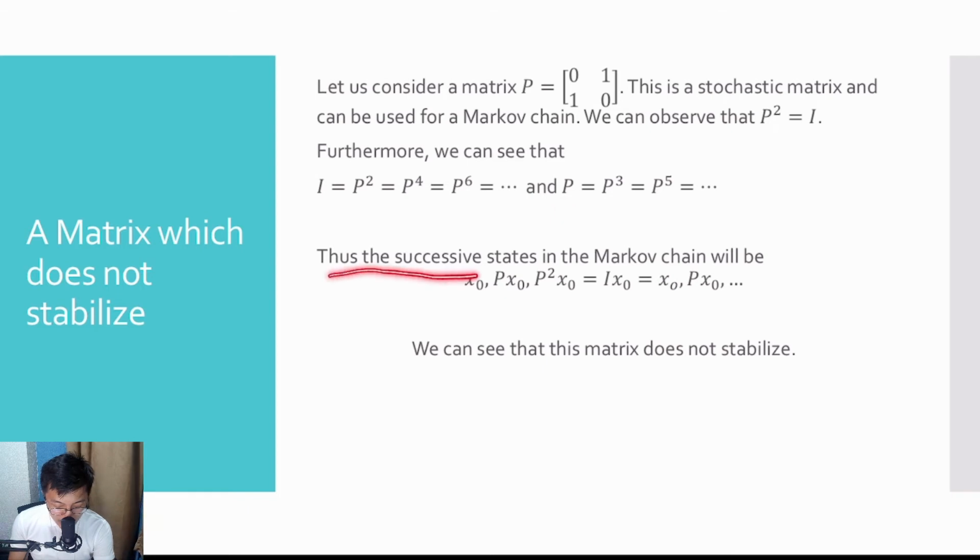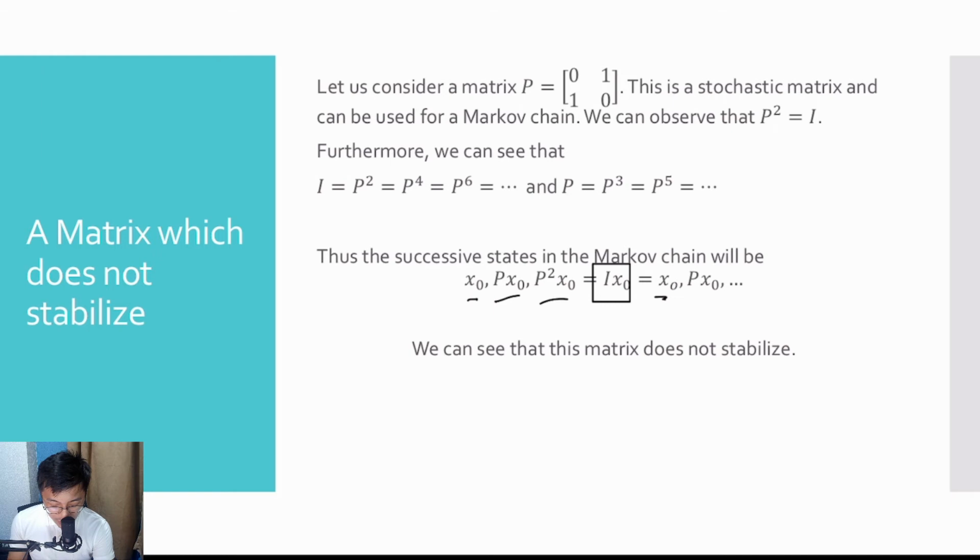Okay, so the successive states in the Markov chain will be x sub 0, Px sub 0, P squared x sub 0. But we know that P squared x sub 0 would be I x sub 0, because P squared is the identity, and it will just be x sub 0.